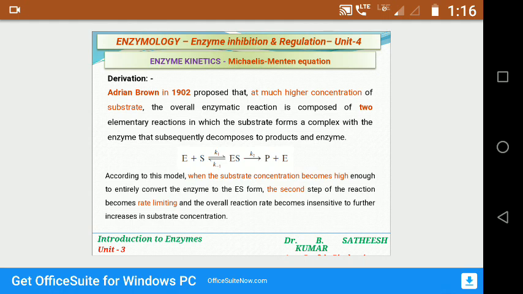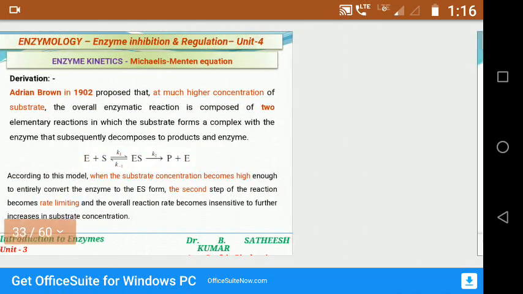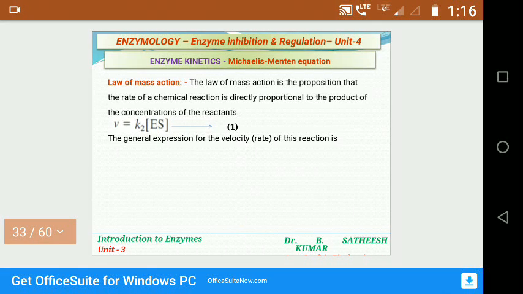So therefore, the velocity of the enzyme always depends on the concentration of the reactant, that is the enzyme substrate complex, and at the same time its rate constant, which is K2 in this case. So V equal to K2 ES. This is known as the law of mass action.